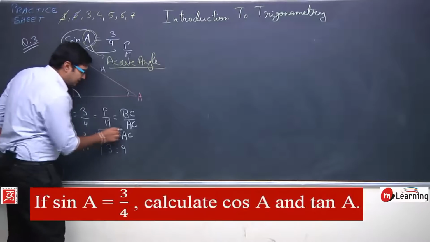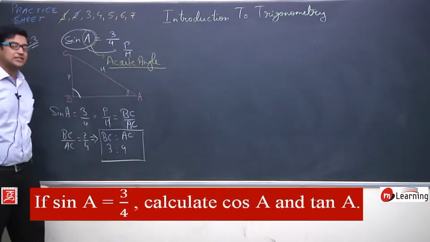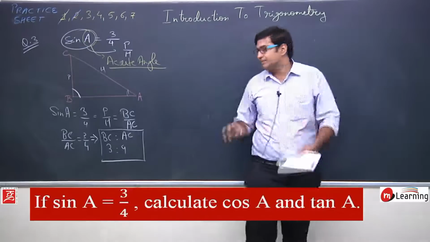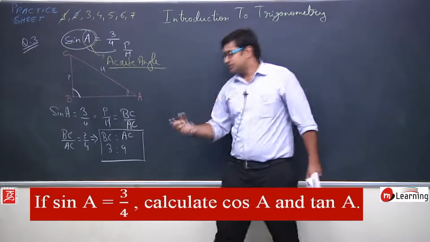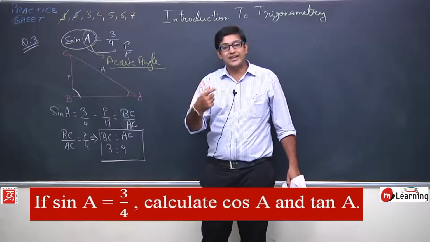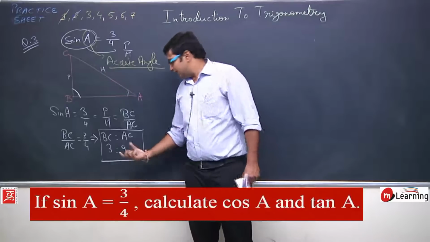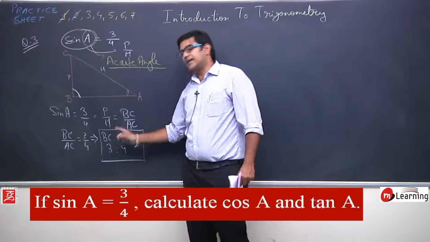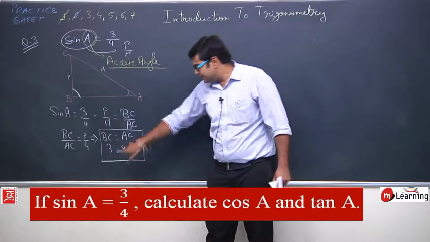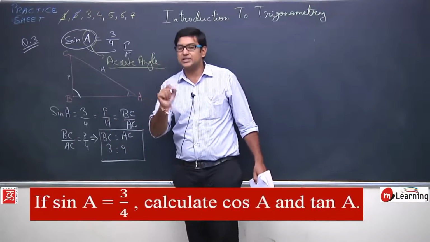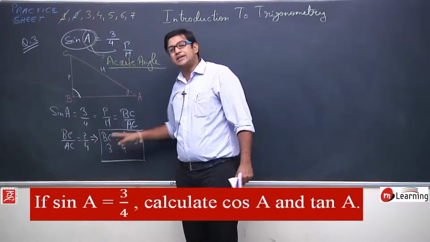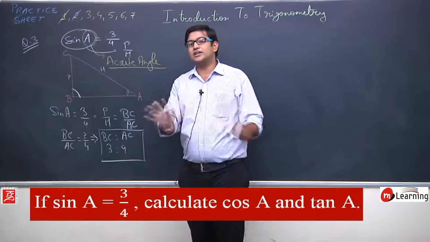Now try to understand this particular relation. It says that BC is to AC, मतलब BC और AC का रेशो 3 और 4 है, मतलब BC और AC 3:4 के रेशो में है. Now रेशो में है, it means ऐसा नहीं है कि BC 3 सेंटीमीटर है और AC 4 सेंटीमीटर है. This 3:4 is just the ratio. यहां पर ऐसा नहीं लिखा कि BC is 3 centimeter and AC is 4 centimeter.